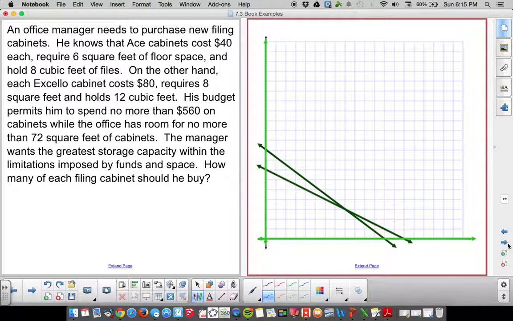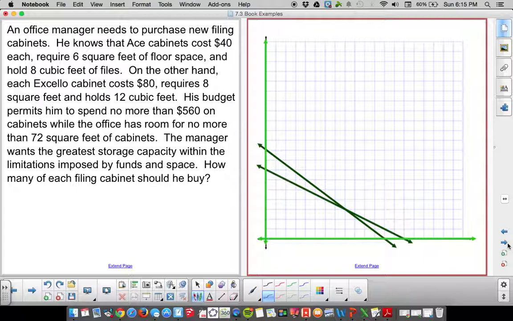His budget permits him to spend no more than $560 on cabinets, while the office has room for no more than 72 square feet of cabinets. The manager wants the greatest storage capacity within the limitations imposed by funds and space. How many of each filing cabinet should he buy?